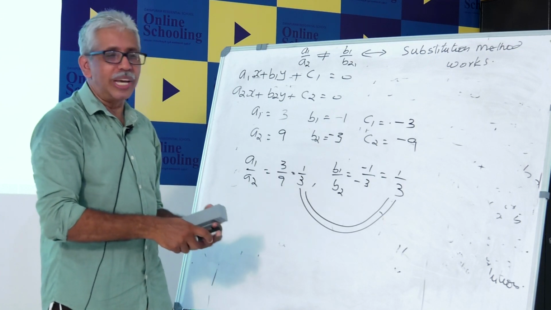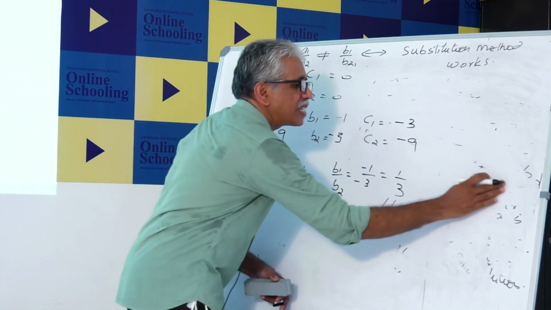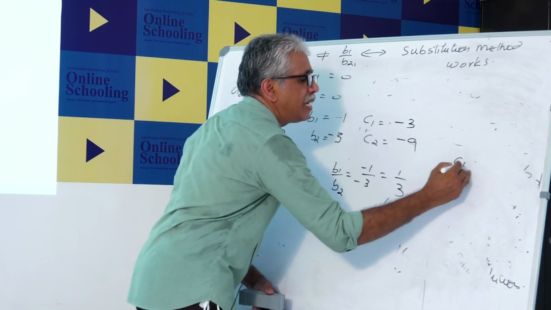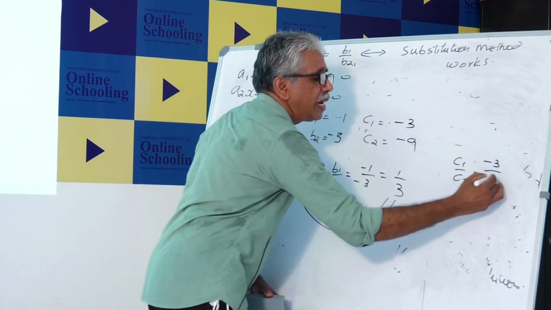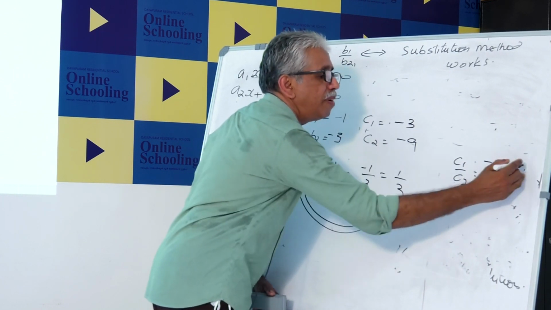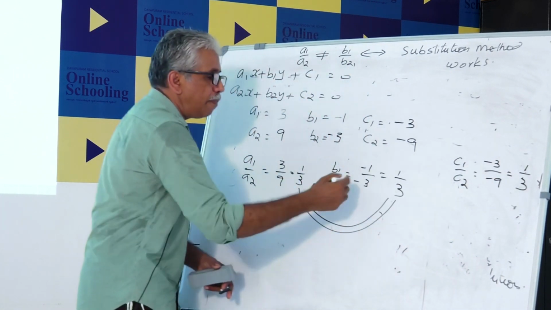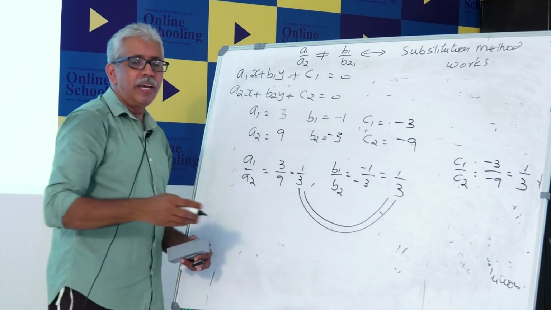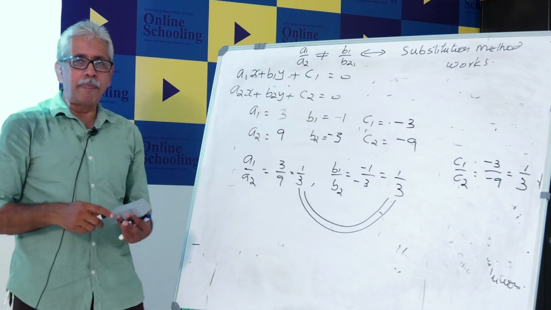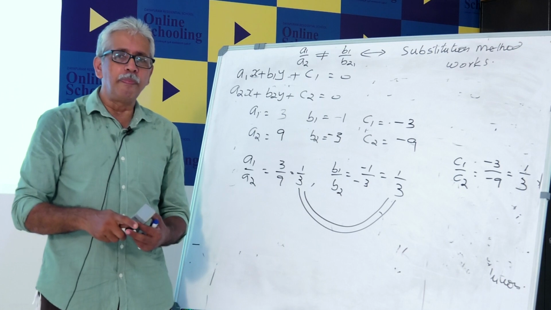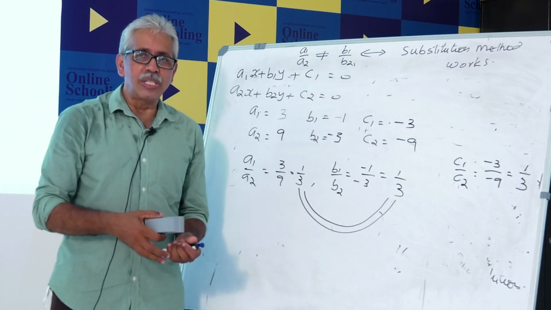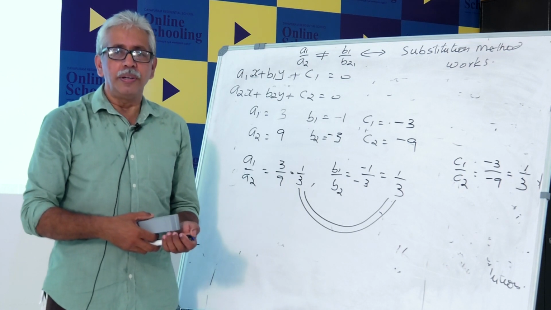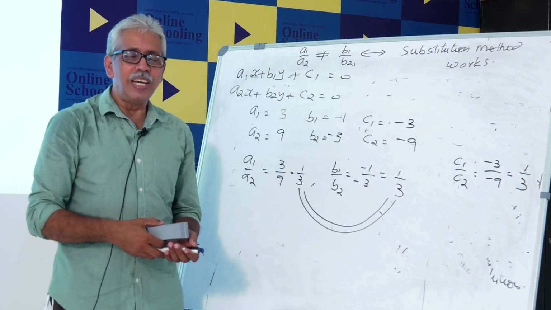For that you will just find out c1 by c2. What is c1 by c2 here? That is minus 3 divided by minus 9 and that will be again 1 by 3. And because a1 by a2 equal to b1 by b2 equal to c1 by c2, they are all equal, which means the pair of lines will be consistent and has infinitely many solutions.